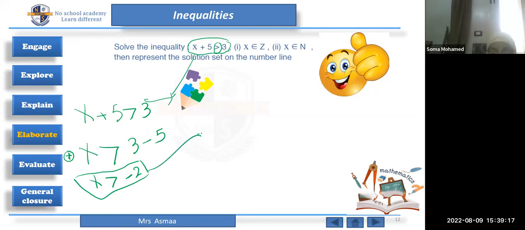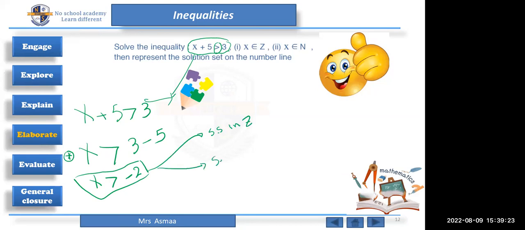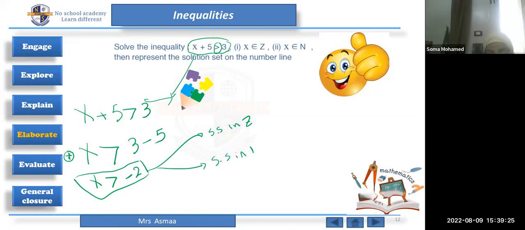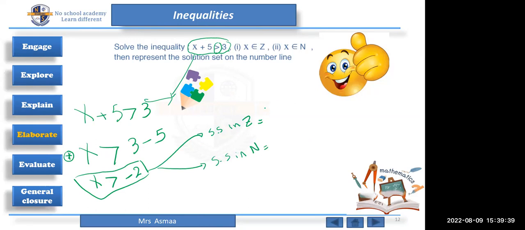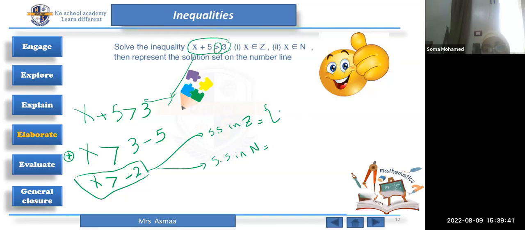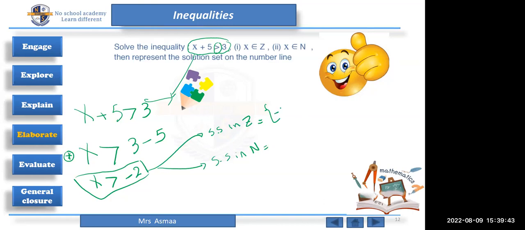If I want to get the solution set in Z, what is it? And in N, what is it? I want all the numbers in Z which are more than negative 2. So the numbers will be what? Negative 2?